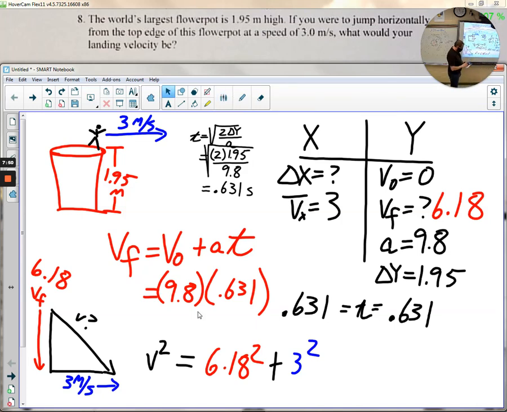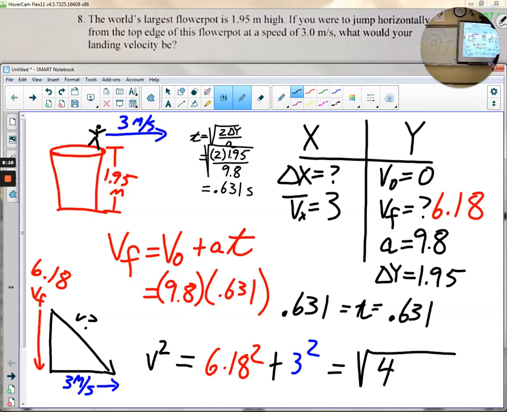So 6.18 squared, I get 38.22 when I square that, plus, now 3 squared is 9. So 47.22, we need to take the square root. Square root of my answer.